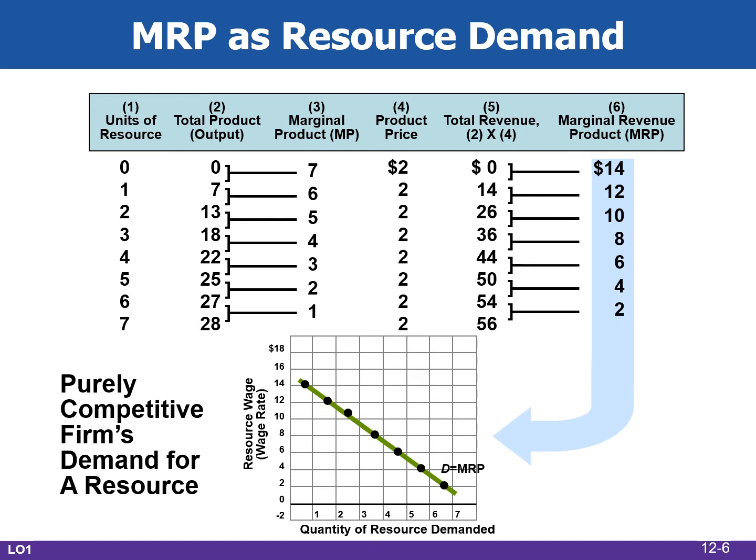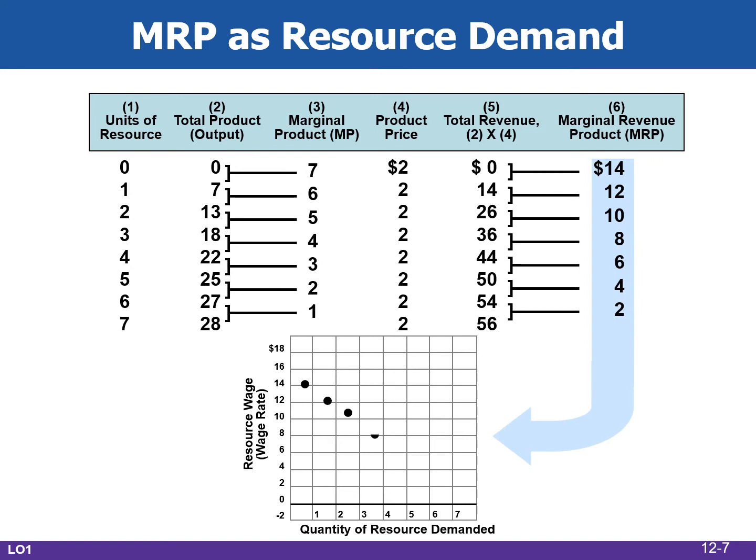Now remember, what is this telling the firm, marginal revenue product? This is telling the firm, as they add that next worker to the factory, to the firm, how much they will expect revenue to increase. So if this firm hires the 3rd worker, they would expect that total revenue will increase by $10 by adding the 3rd worker.